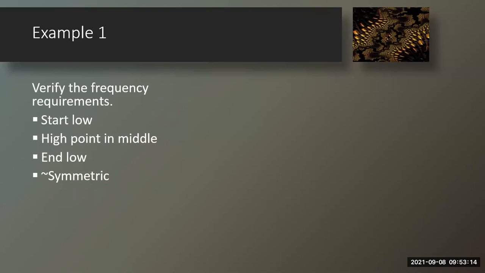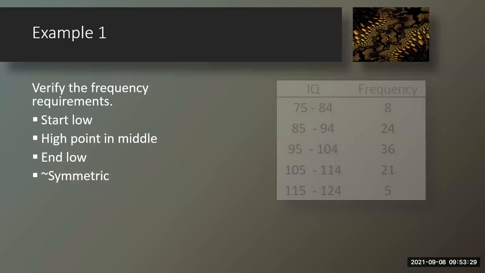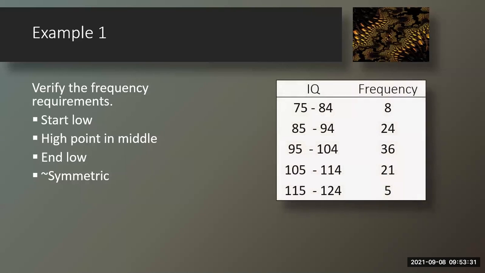We want to verify that the frequencies start low, reach some sort of high point in the middle, and then go back down to a low point, and that it's approximately symmetric. Nature is messy, she'll never be exactly symmetric. If we take a look at that data, it starts with a frequency count of 8, ramps up to 36, a high point somewhere around the middle, give or take, drops back down to 21, and then finishes off at a low of 5.